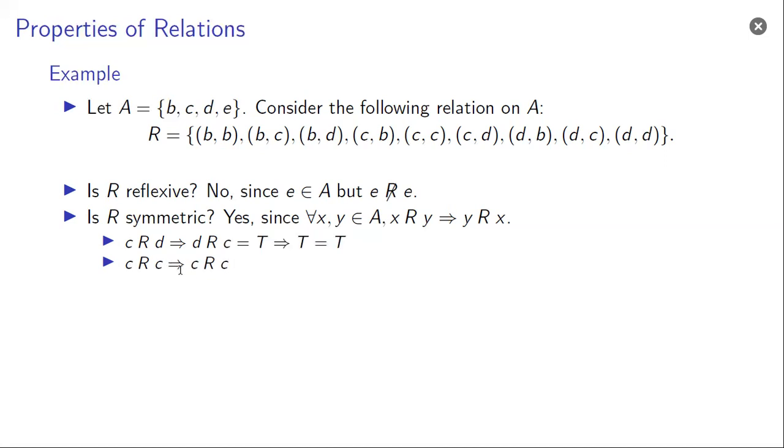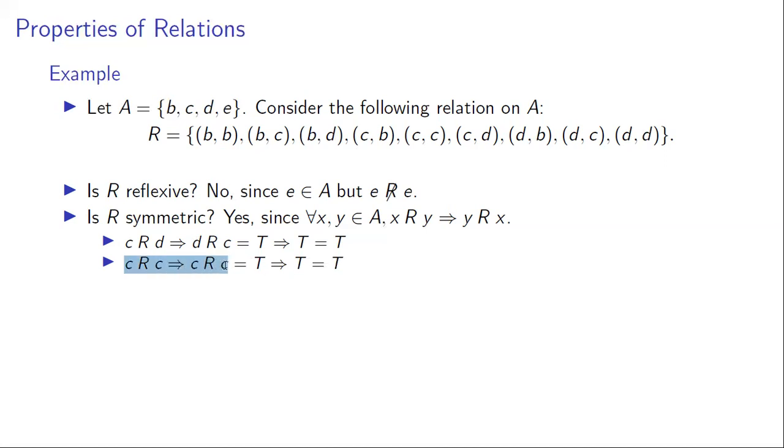Is this part true? C is related to C. Yes, because we have a pair C comma C. Is this part true? Yes, for the same reason. So this entire expression becomes, if true, then true, which is true.